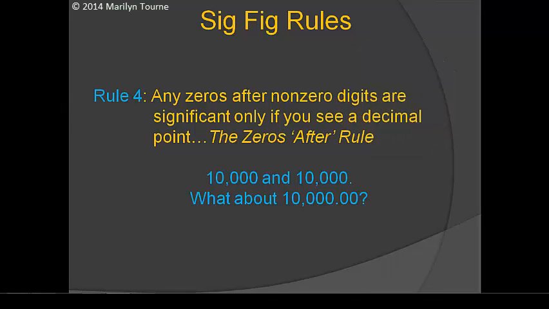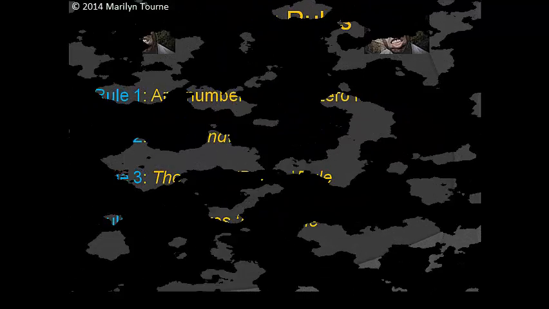What about that last example I gave you? 10,000.00. How many significant digits do we have then? I hope everyone answered 7. We have 7 because there is a decimal point between those zeros.